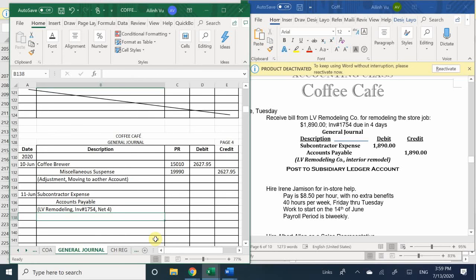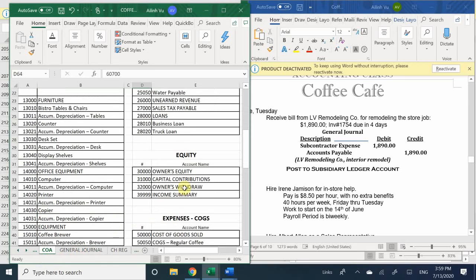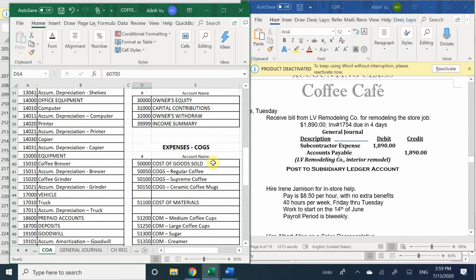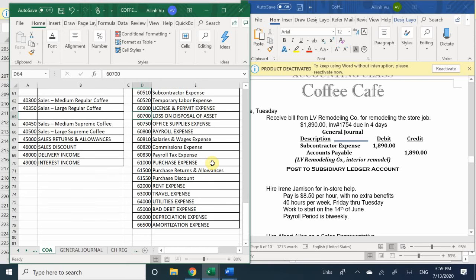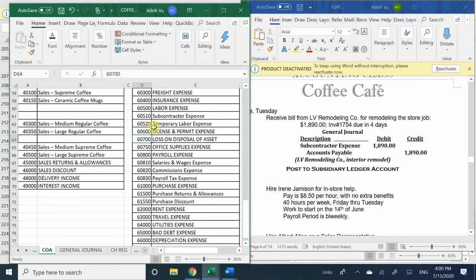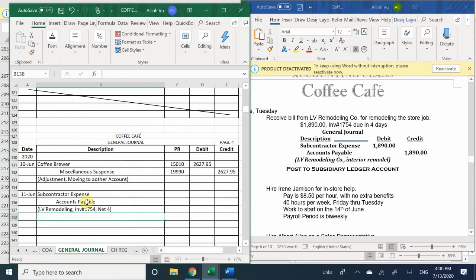Okay, so what is my subcontractor expense account? Contracted services. That's not the charitable account. It would be under expense, 60510. 60510 is my account number.